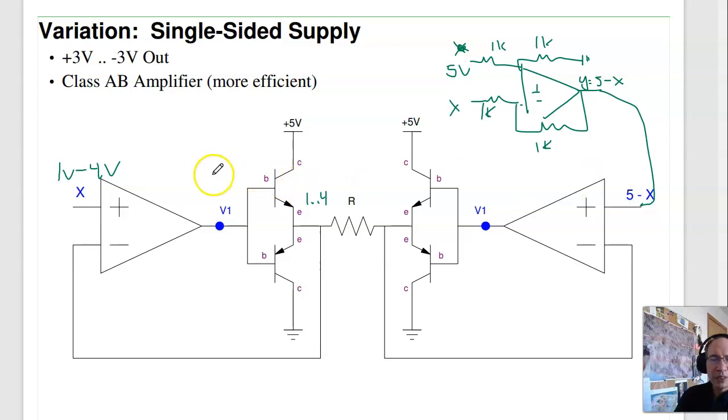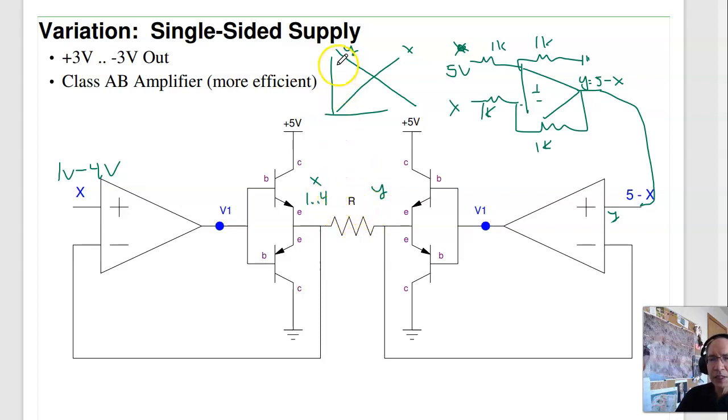What happens is if X is going 0 to 5 volts, this guy over here, call that Y, is going 5 to 0 volts. So this is going to be X, here's Y. The voltage across the resistor is the difference.